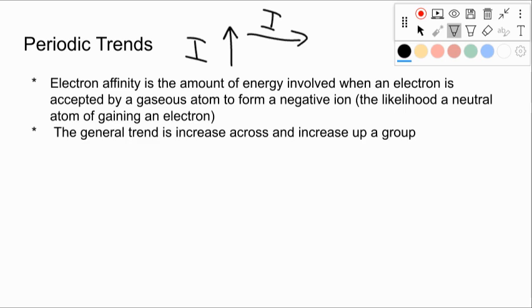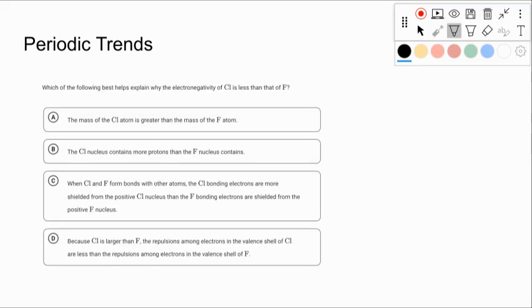And we're going to go over the very last trend, which is electronegativity. Electronegativity is really about the likelihood of an element to chemically bond.